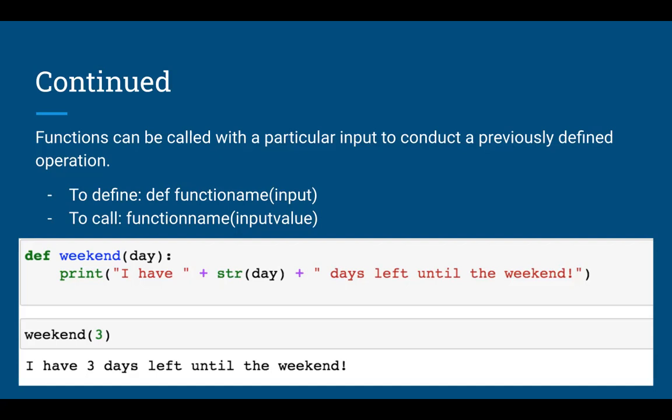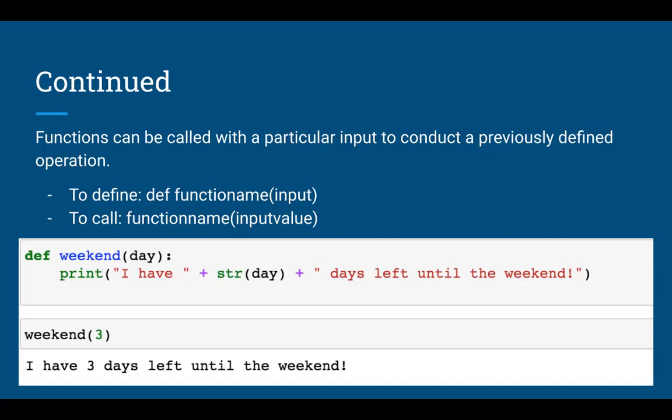Yeah, so functions are basically just more specific code that you can define in one of the more specific windows that we were talking about earlier. And you can use that to be really specific with what you want to do to a code, and then you can call it later with whatever you've defined as your inputs to have that operation done.